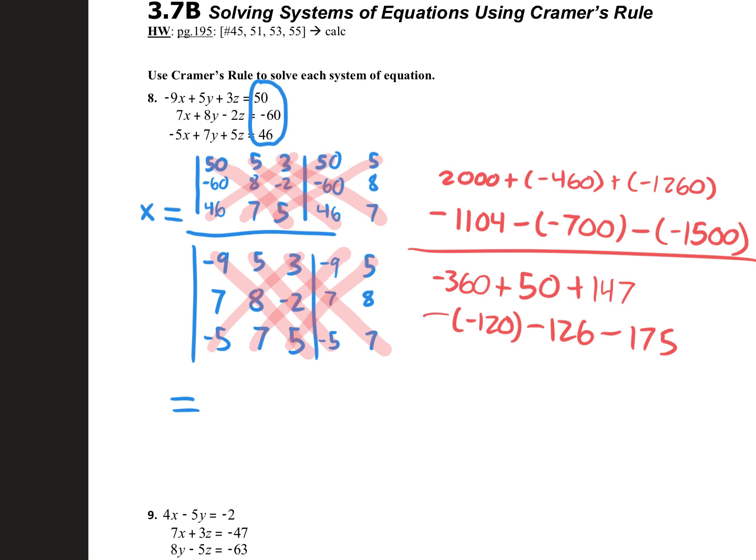All right, so if you crunch those numbers in your calculator, you get 1376 divided by negative 344, which equals negative 4. All right, so I won't show x and y because it'll be the same process with different numbers.